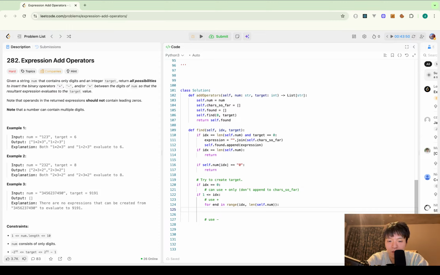Here I don't insert any operator. I can say this is the first number operand.